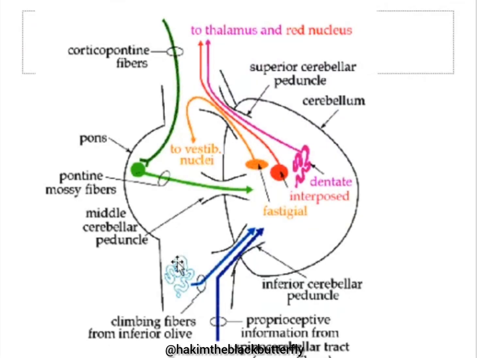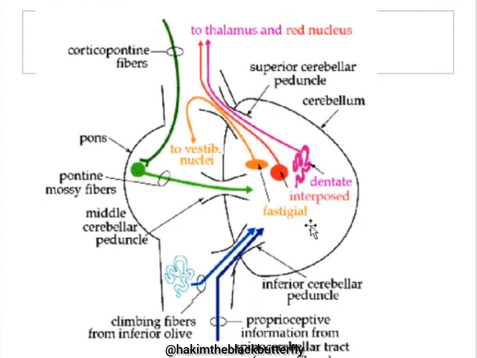It is the climbing fibers which were originating from the inferior olivary nucleus. But most fibers bring information all the way from the cortex, pons, and then the spinal cord until they reach the granular layer of the cerebellar cortex.